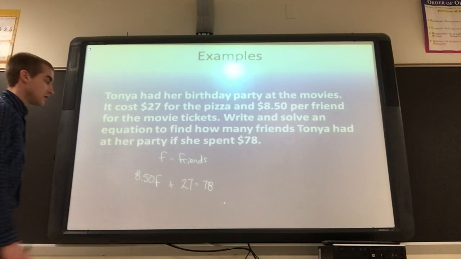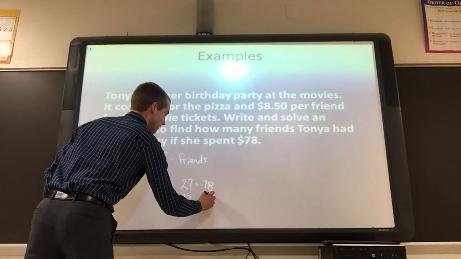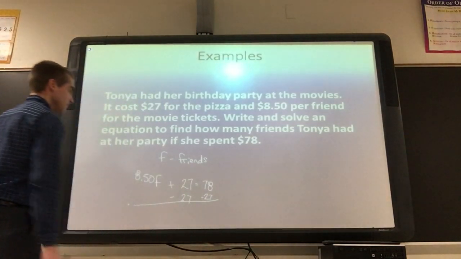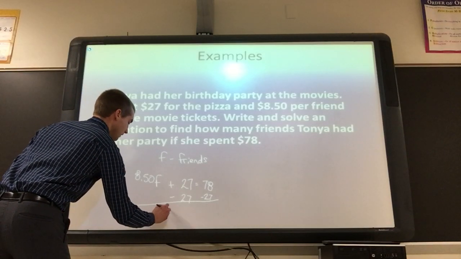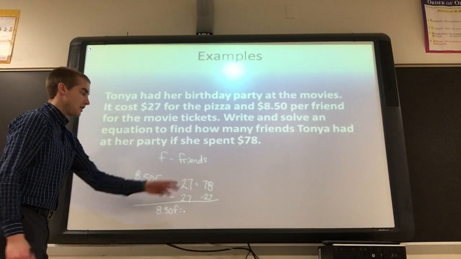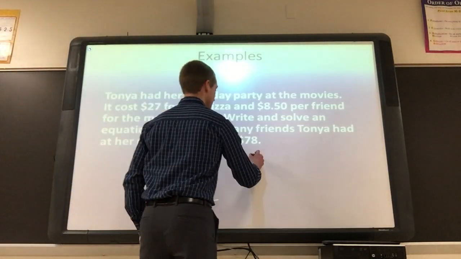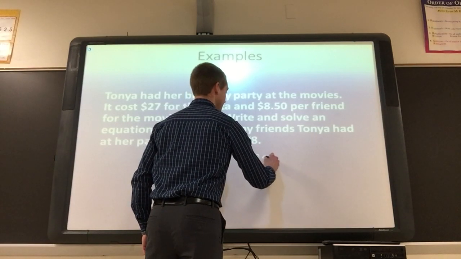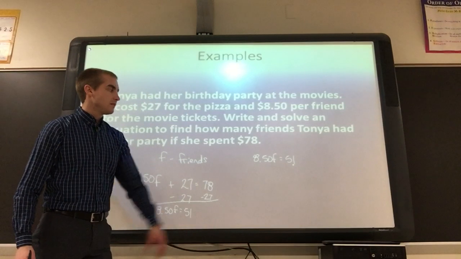Now we also need to solve it. It says write and solve. So we're going to subtract 27 first and do that from both sides. Leaves us with 8.50 F equals 78 minus 27 is 51. So I'm going to go over here and write that to finish off. 8.50F equals 51.